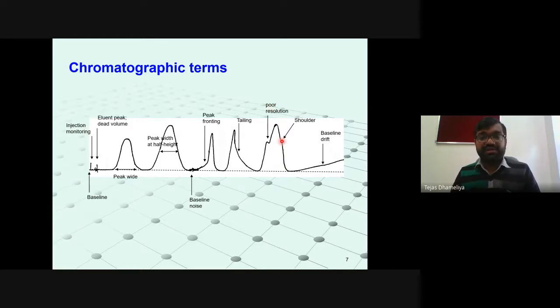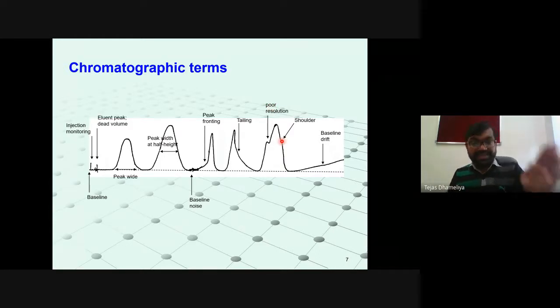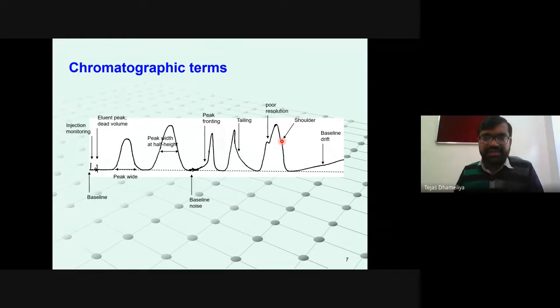Shoulder means a peak having a little shoulder. And the same thing applies: one compound was eluting, and before it finished, the elution of the other started. Elution means to come out from the column; that is called to elute. The adjective elution is formed from the verb elute.